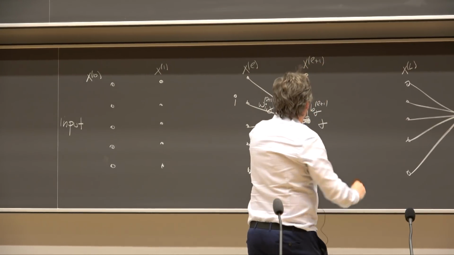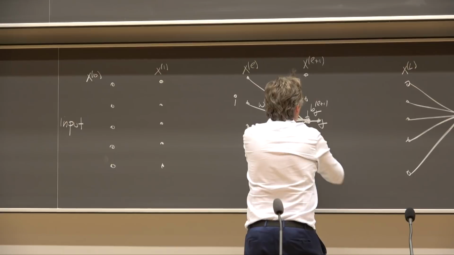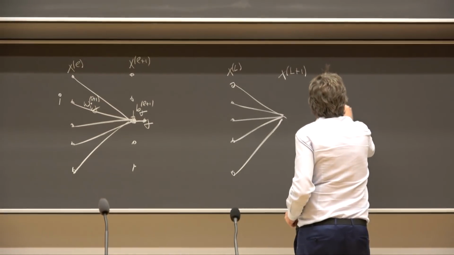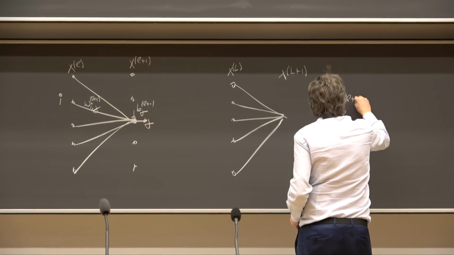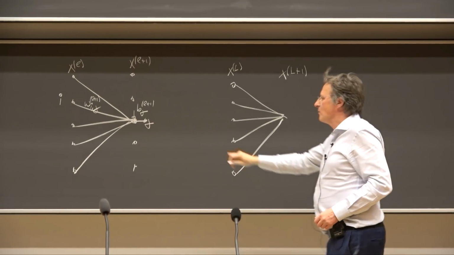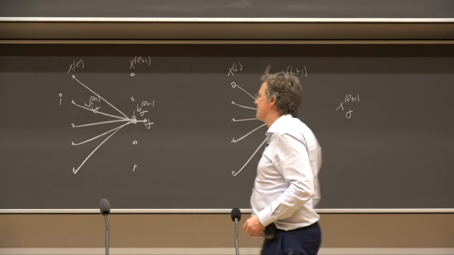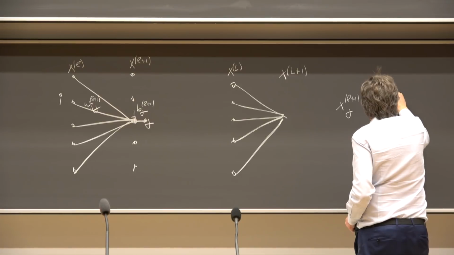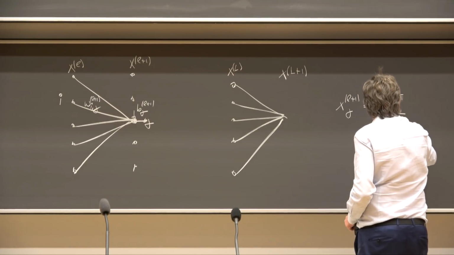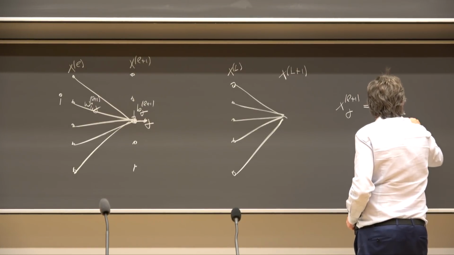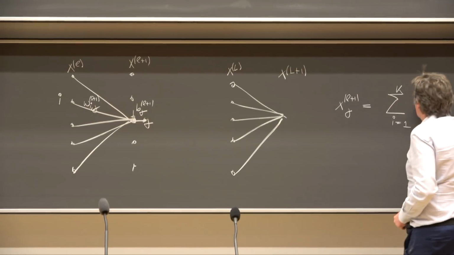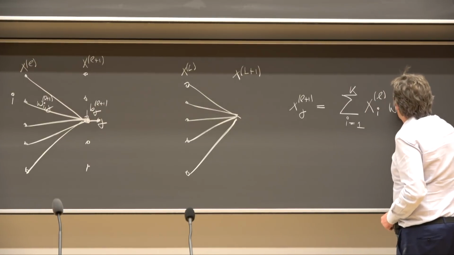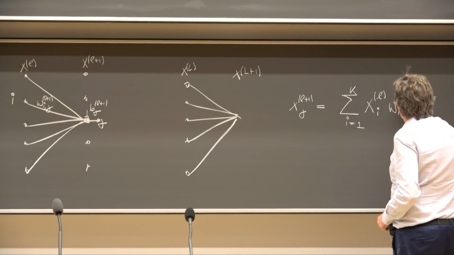If I'm looking here at the output, I get the output x l plus 1 j. So the output that comes up here was equal to, let's write this down again, the sum, collecting everything over i is 1 to k. I look at the input at the previous layer, I multiply it with the weight that goes from i to j.